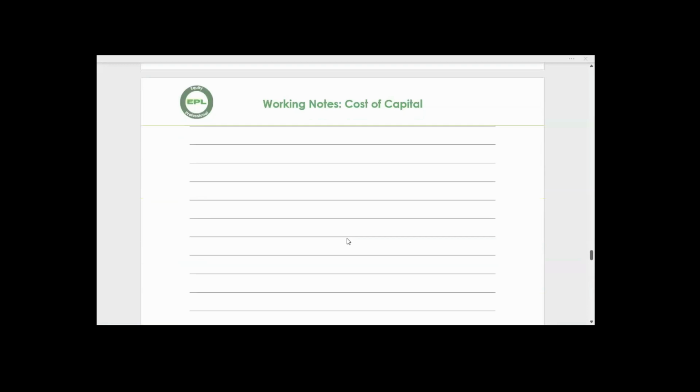So solution to illustration 19. Still on page 46, I think. Or is it 46 or 51?